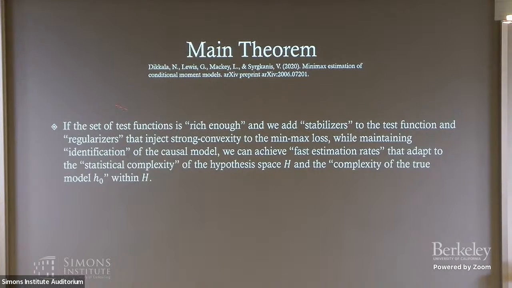So if the set of test functions that you're testing is rich enough, and importantly, if you change your objective to add what we will call stabilizers to the test function, and on top of stabilizers, also regularizers of the complexity of the hypothesis in the function space, which inject strong convexity to your overall loss, while maintaining identification of the causal model, we can achieve fast estimation rates that adapt to the statistical complexity of the hypothesis space H and the complexity of the true model H not within H.